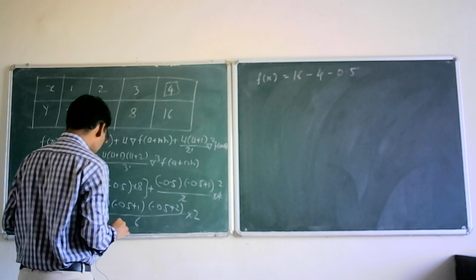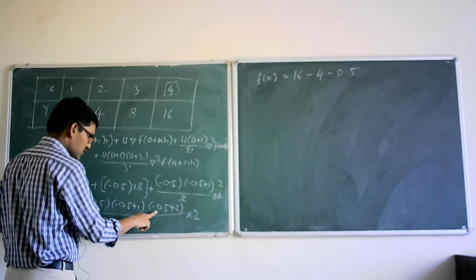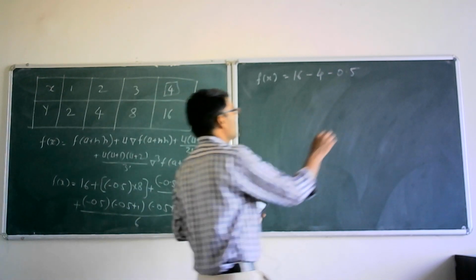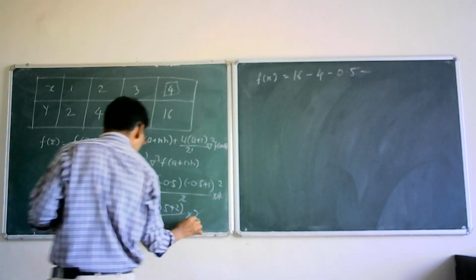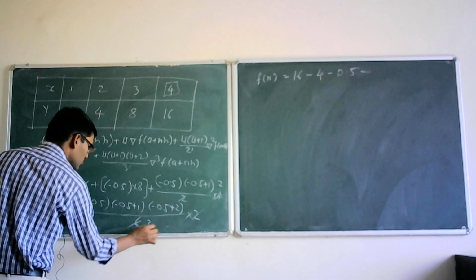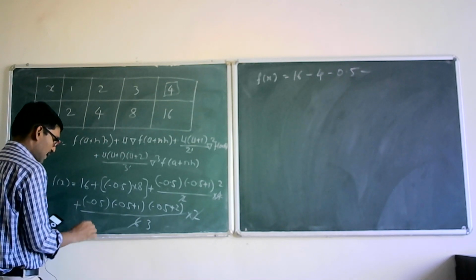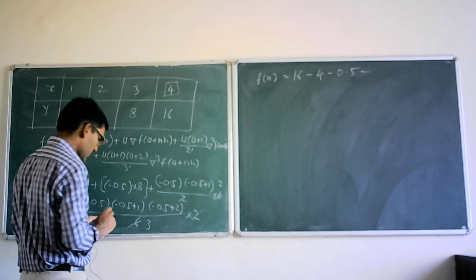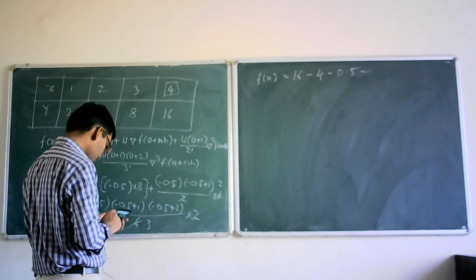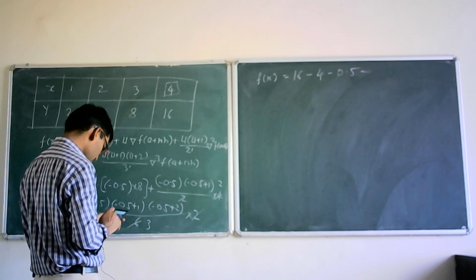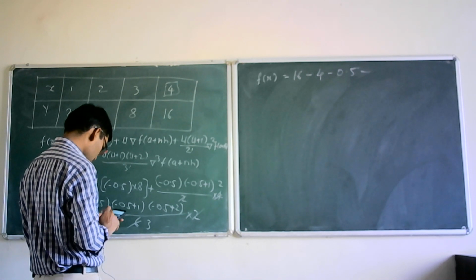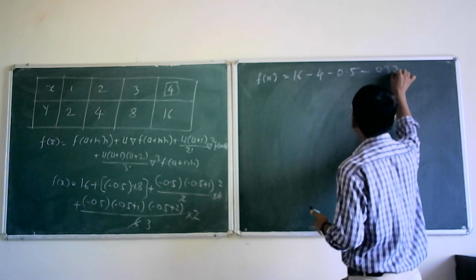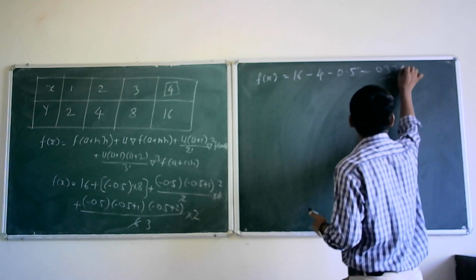Now next, this is minus, this is plus, and this is minus, so it is minus, and 6 divided by 2 gives 3. 0.25 into 0.5 into 2 is equal to 0.375, and this whole divided by 3.